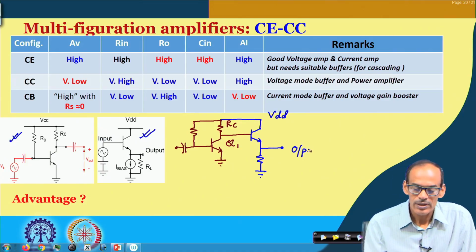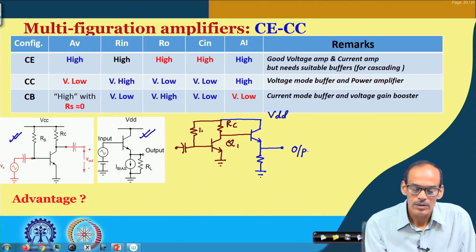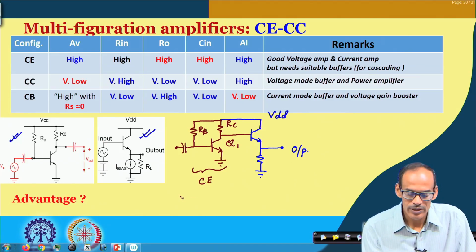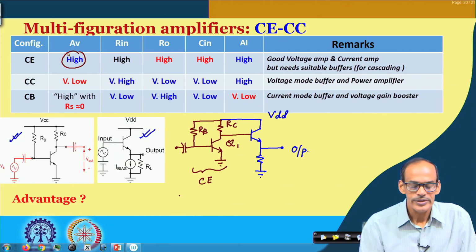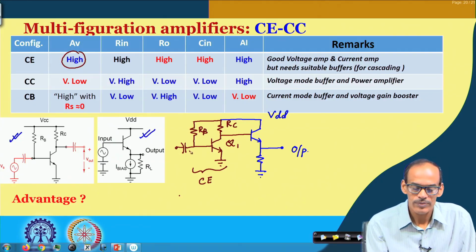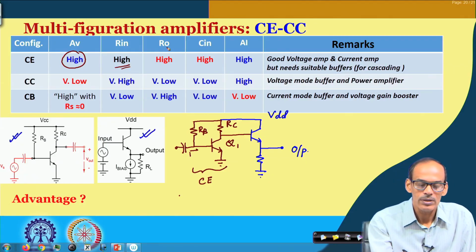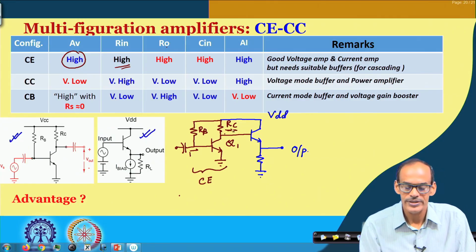As we have said, the CE stage provides good voltage gain, and also has a decent amount of input resistance, but the output resistance is high, namely it is dominated by RC.